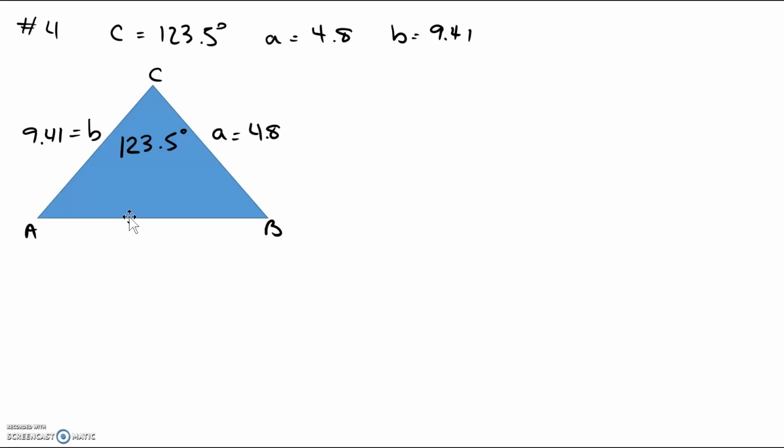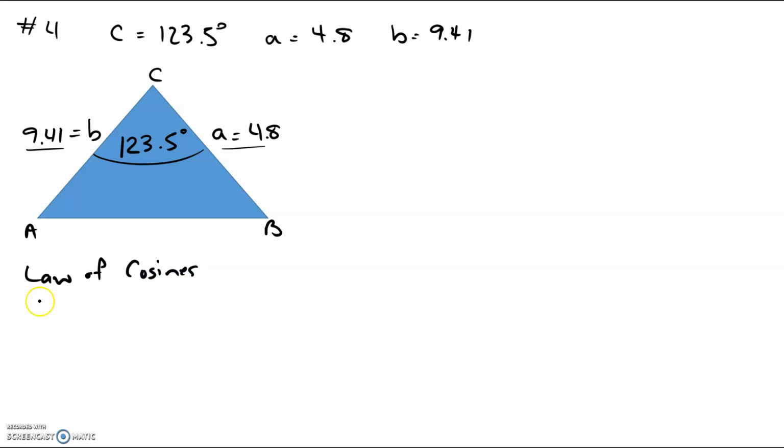Okay, for number 4, we've got a side, angle, side. So I need to use the law of cosines.